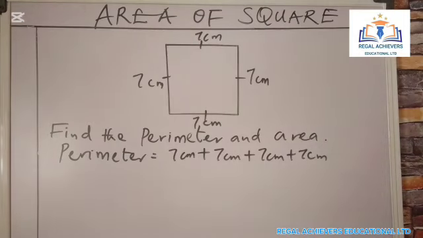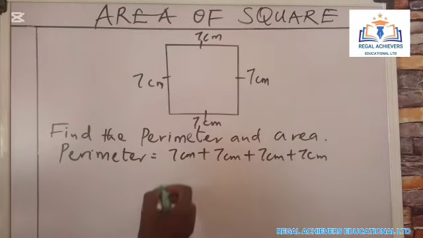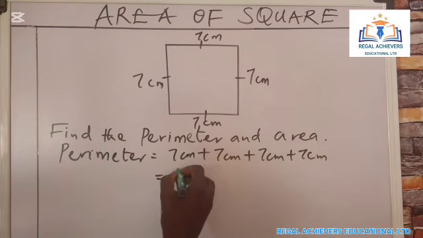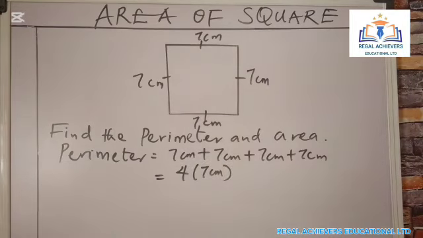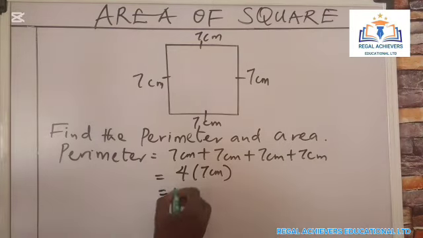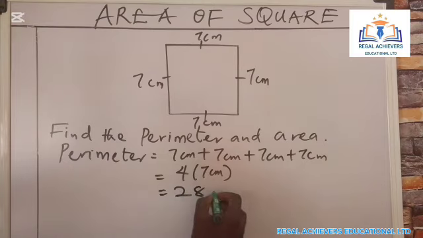That would be what? Or we can also do it this way: 7 centimeters times 4, that is 4 times 7 centimeters. That would be what? 28 centimeters.